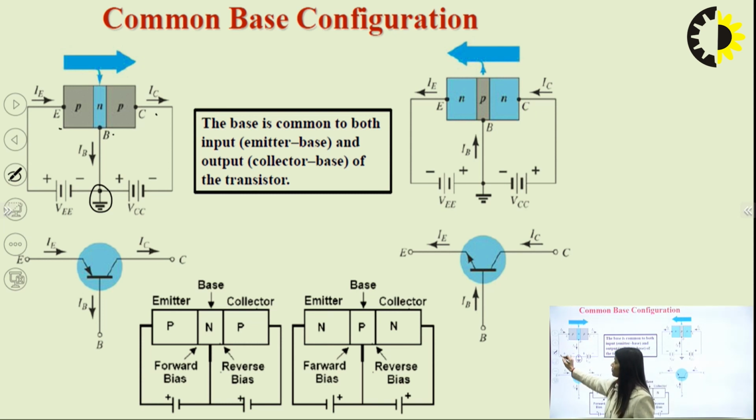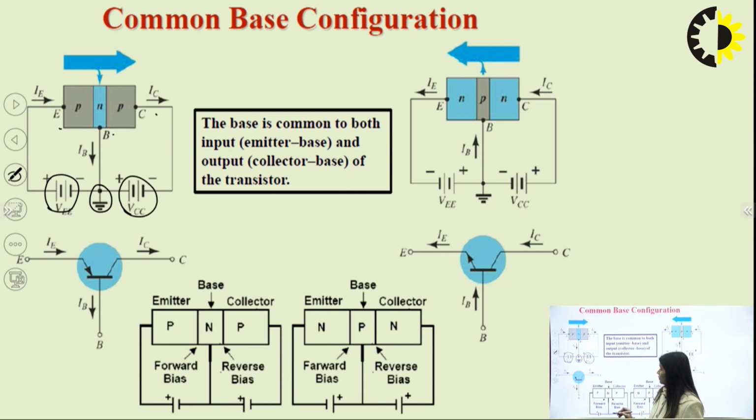The emitter terminal has been given the VEE supply, and the collector has been given the VCC supply. The emitter base junction has been forward biased and the collector base junction has been reverse biased. So the base is common to both emitter and collector, and it is called the common base configuration.